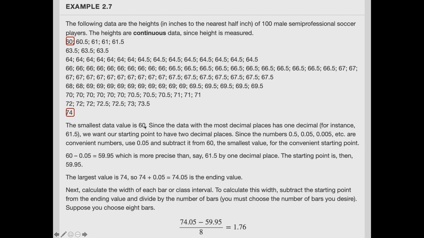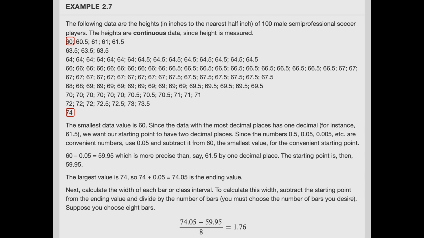value is 60. Since the data with the most decimal places has one decimal, for instance 61.5, we want our starting point to have two decimal places. In other words, we want to be a little more specific than what they're using for data. They're using 60.5, so we want to spread out a little further so we can capture 60.5 in a real limit or interval.